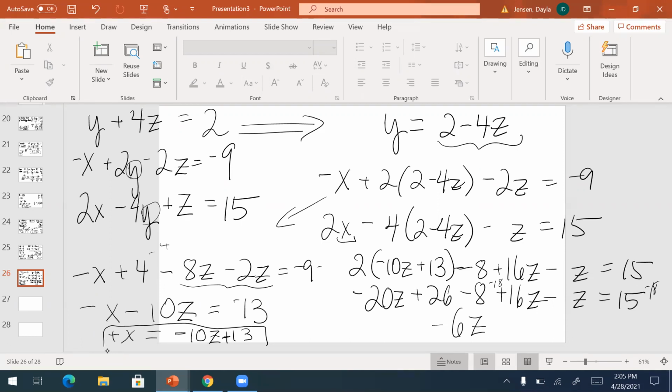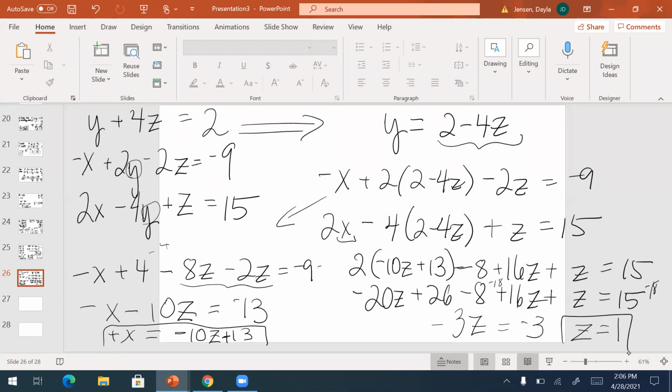Now I have minus 20z plus 16z is minus 4z. Oh man, I really messed this up. That's also supposed to be plus z. Let me try that again. Minus 20z plus 16z is minus 4z plus 1z is a minus 3z equals a minus 3. So z must be 1.